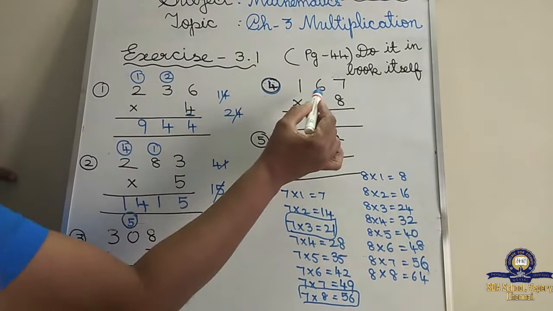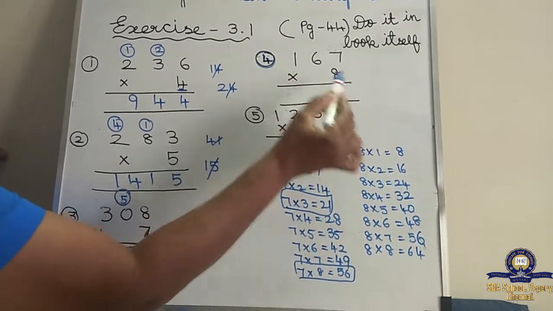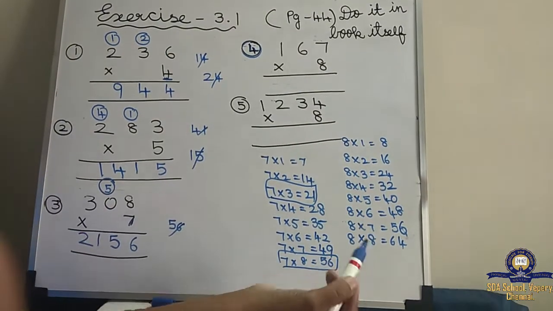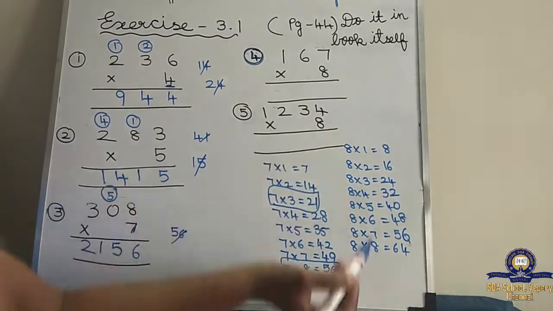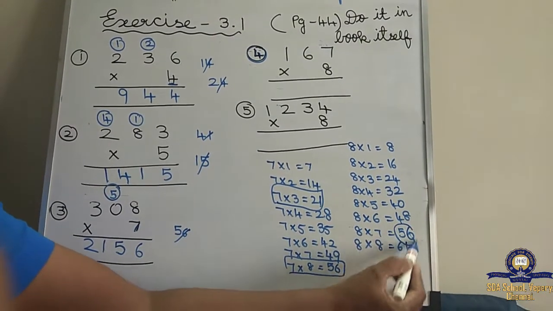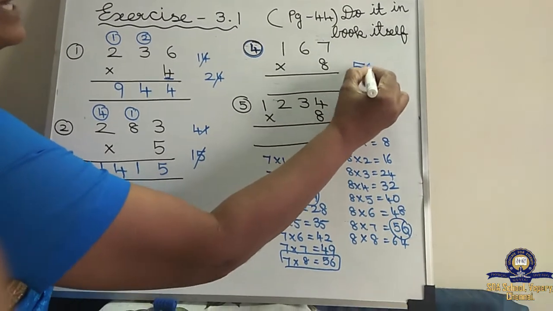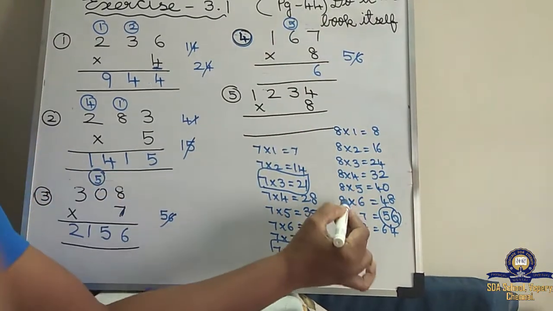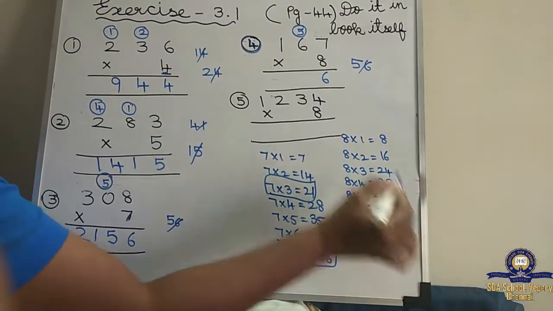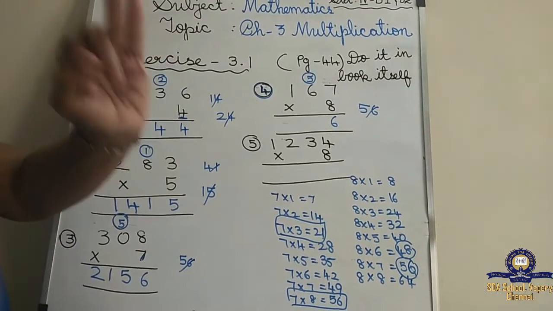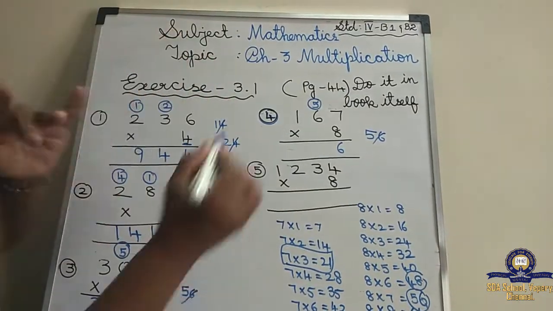Okay children, see 167 into 8. See, if you write these tables like this, it will be very easy. Those who feel it is hard, you can write like this and you can find out the answer. 8 7s are 56. So what you can write? 6 here and 5 here. 8 6s are 48. 48 plus 5 is 53.